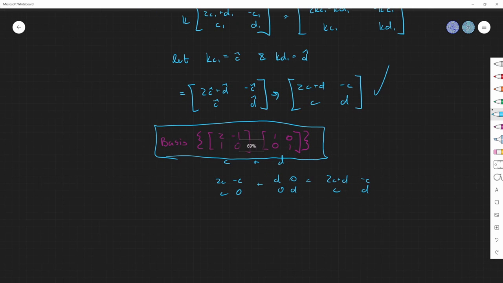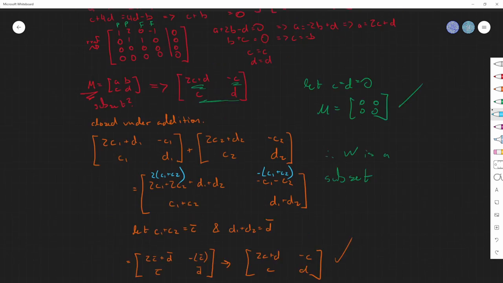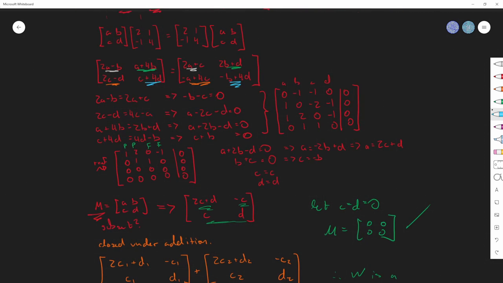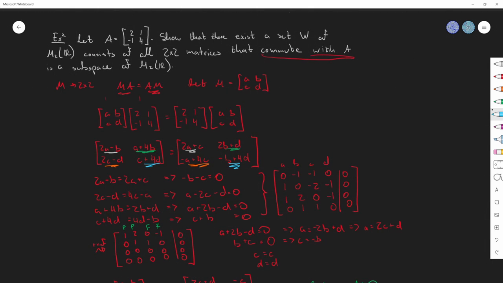Now we just showed that W, all 2x2 matrices that commute with A, is a subspace of the vector space of all 2x2 matrices.